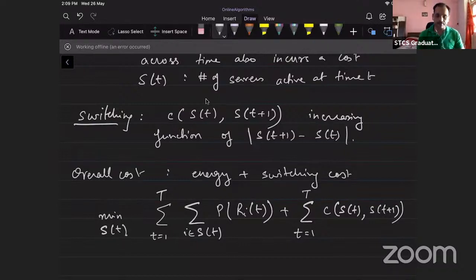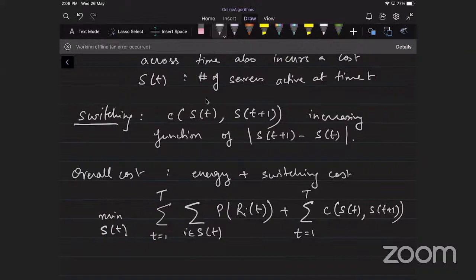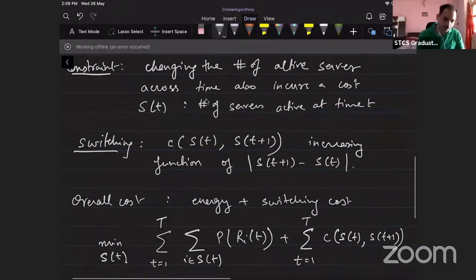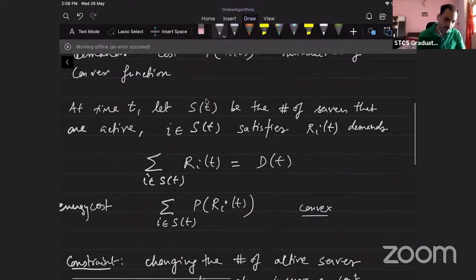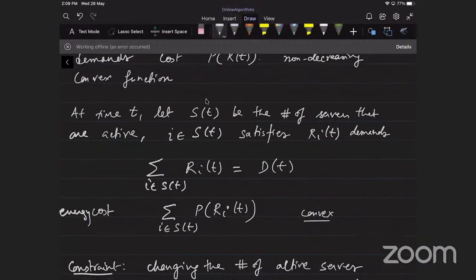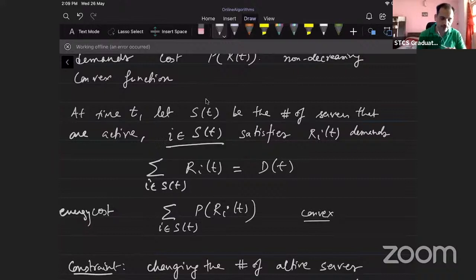Is the problem clear? Could you scroll up again? What was R of t? So Ri of t is a variable: how many demands are met by the ith server which is active. So for i belonging to S of t, which is one among the active servers, it satisfies Ri of t demands.